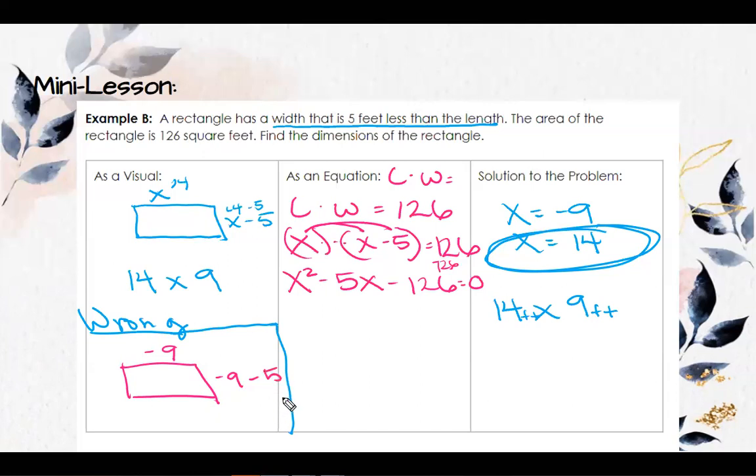Okay. What's -9 minus 5? -14. Okay. So do I still have the same numbers? But now they're what? Okay. Is that going to make sense if I go and I have dimensions of negative?